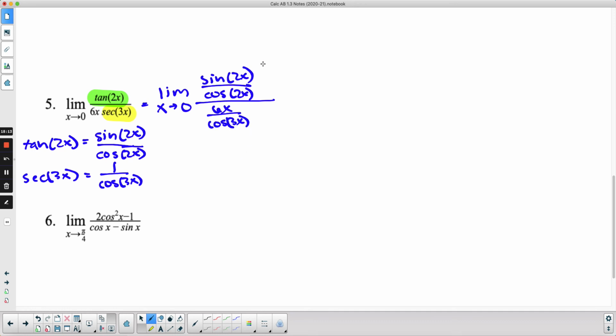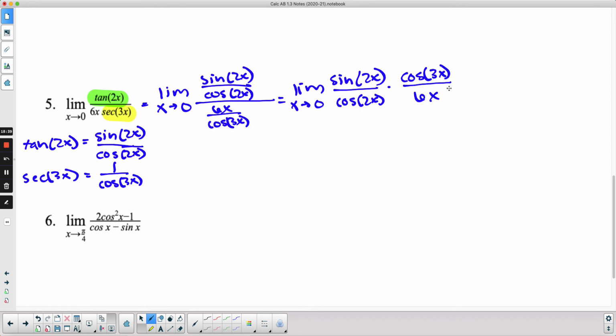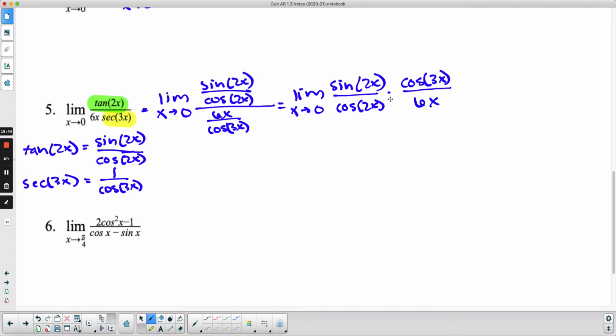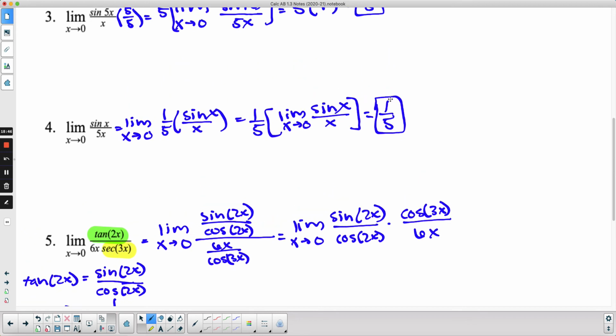Instead of having fractions within fractions here, let's multiply by the reciprocal and see what we can do. Limit as x approaches 0 of sine of 2x over cosine 2x times the reciprocal, cosine 3x over 6x.